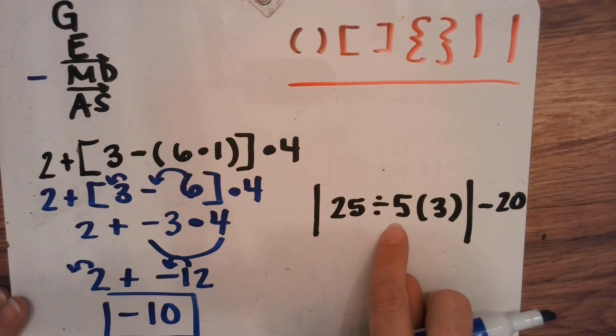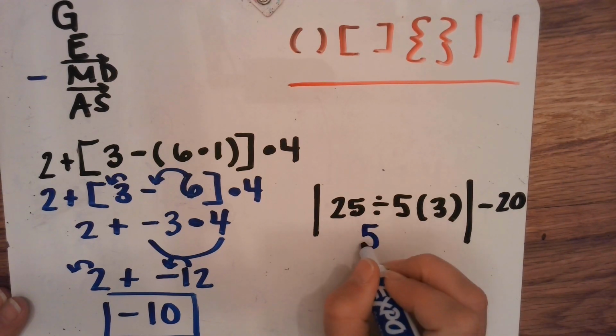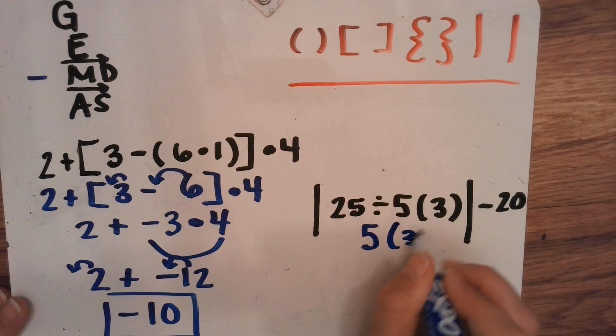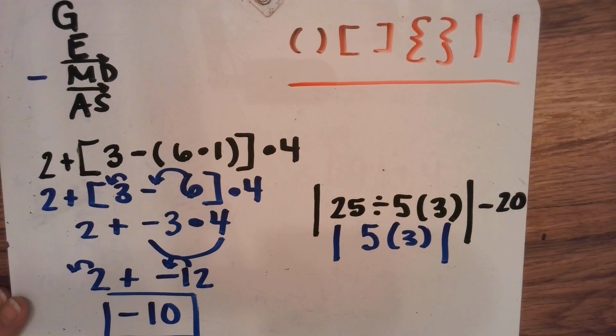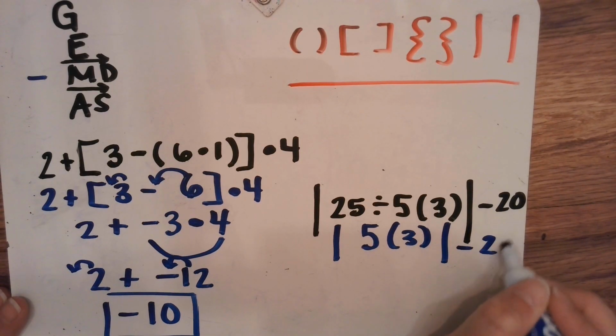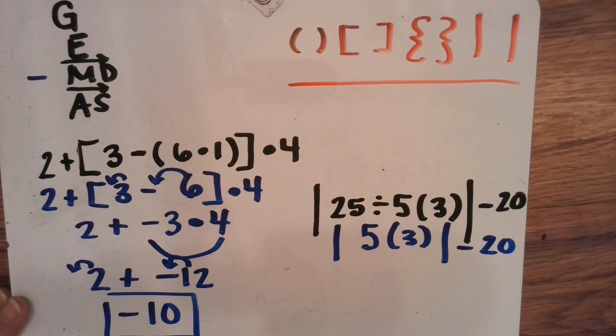So 25 divided by 5 is 5 times 3. And then we need to still do the absolute value of that once we solve. And then minus 20. Bring it down.